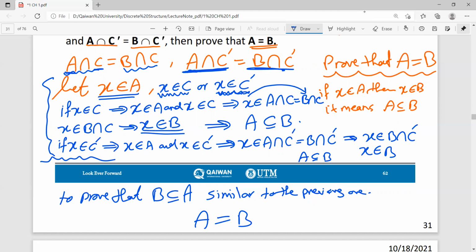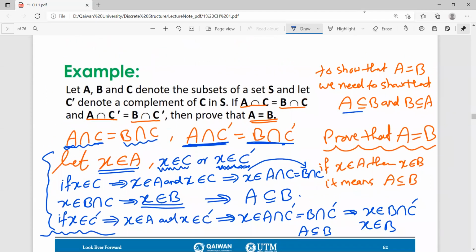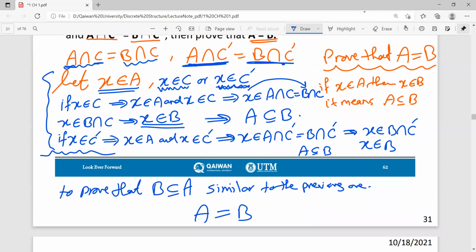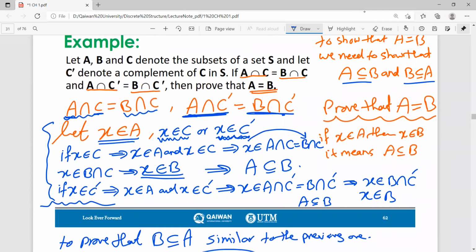That means A is a subset of B and B is a subset of A. And here we can say that A and B are equal. Okay, you are asked to prove that A equals B.